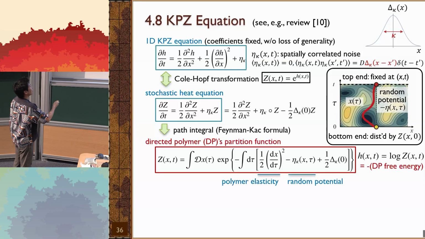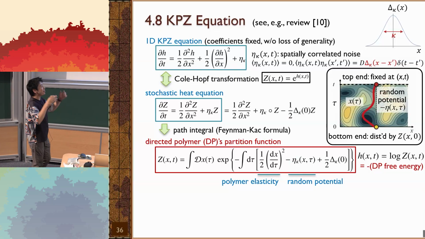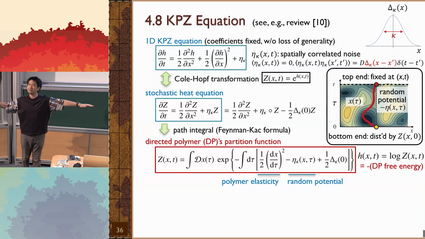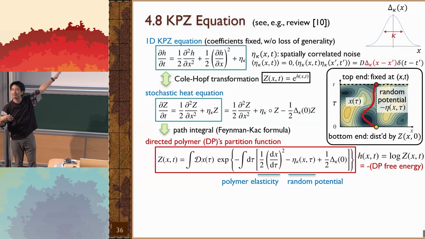The energy of this polymer consists of the dx d tau squared term, which can be interpreted as elastic energy. And the second term is, of course, the random noise we had, and now it is a potential energy for the polymer. So the problem is now that we have a directed polymer placed in some random environment, and you are asked to compute the partition function of this.